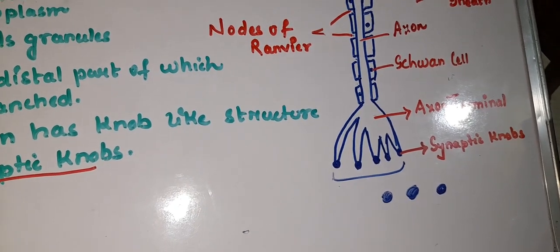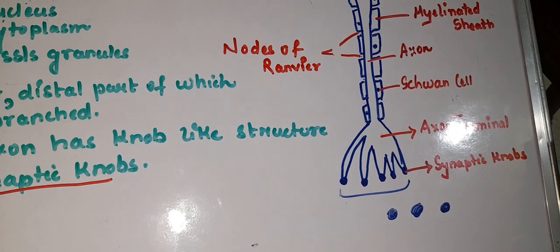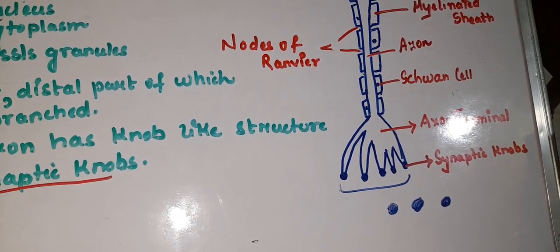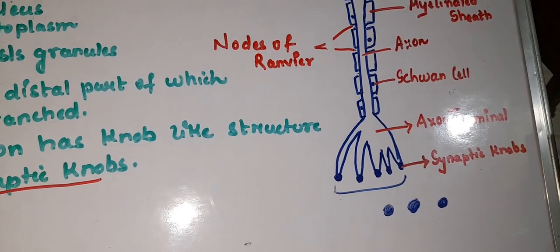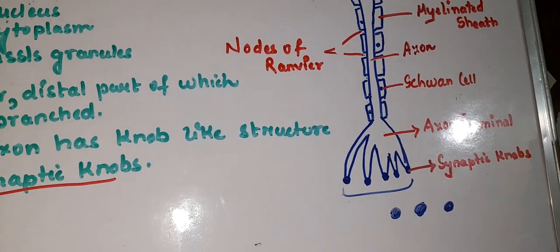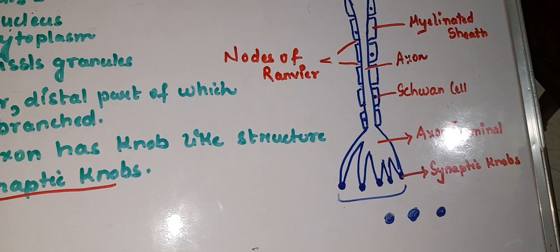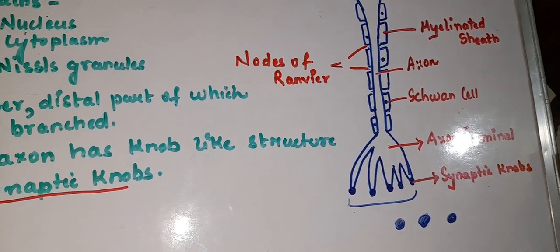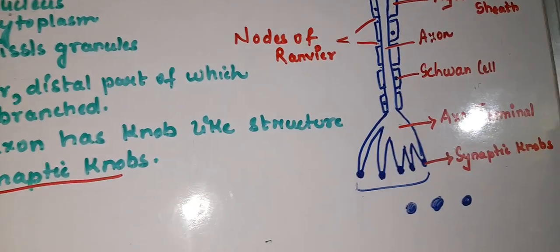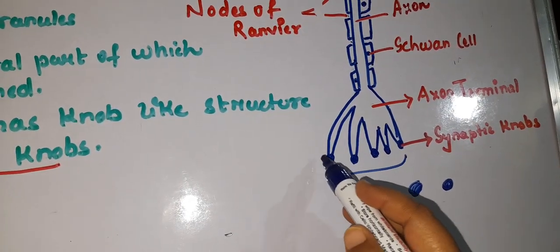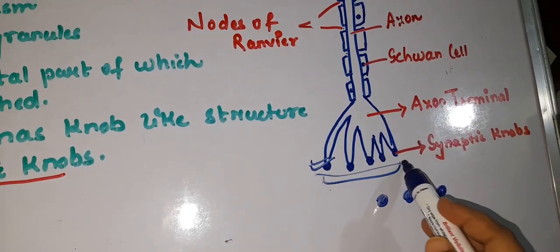Neuro means neurons, transmitters means they help in transmission. In a simplified way, neurotransmitters are chemicals that help in the transmission of the impulse from one neuron to the other. So neurotransmitters are present in this end portion.